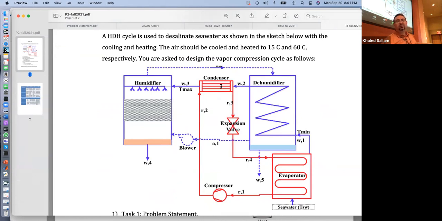So what does that tell you about this temperature? Is it 60 or higher? Higher. And if this air is 15, what does that tell you about this water temperature?